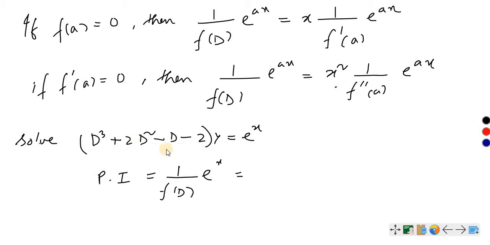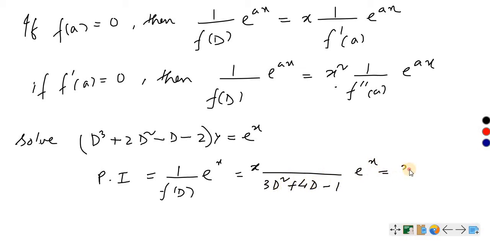So what we do, we differentiate this again. We will multiply by x and we will differentiate this. It will be x times 1/(3D² + 4D − 1) e^x. Now if you substitute the value of 1 here, it will be how much?